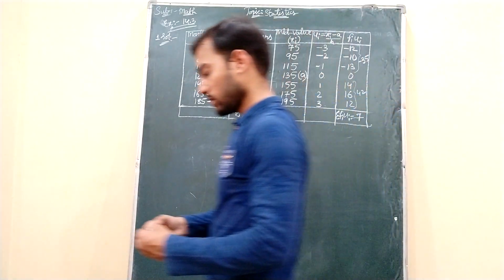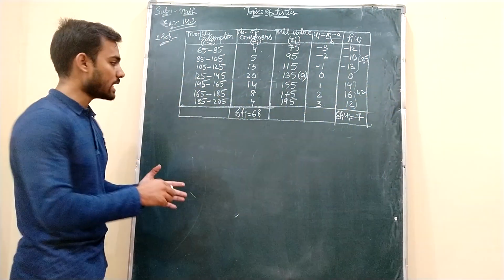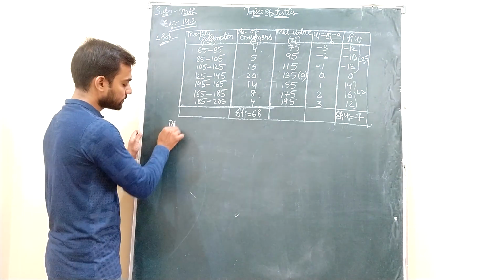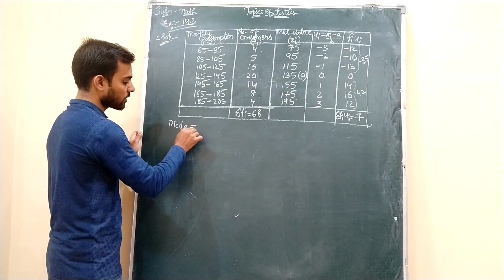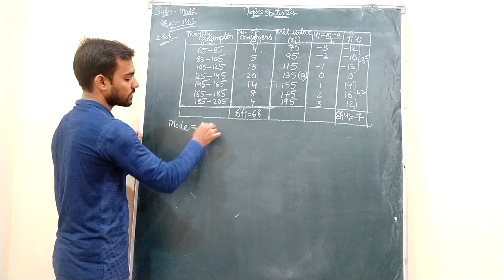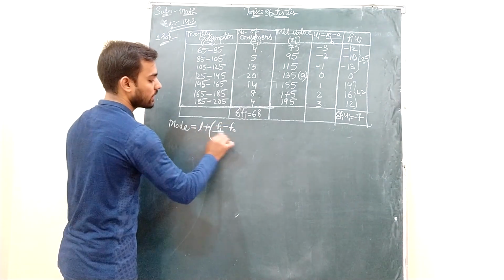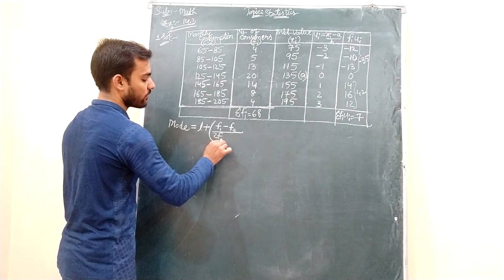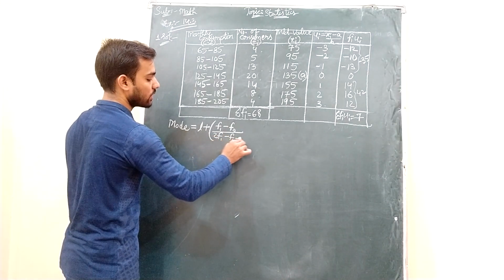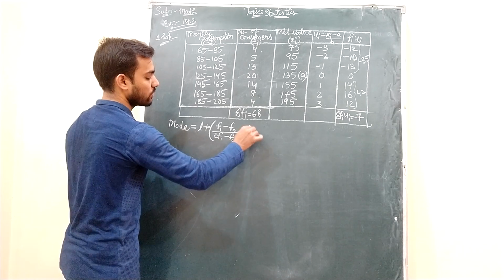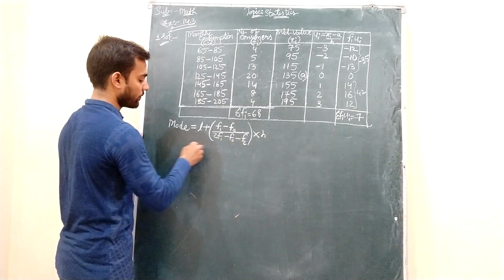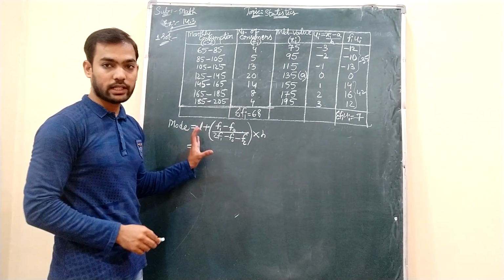Okay, now as we have to find out mode as well as mean, I will do mode first. Formula is L plus (F1 minus F0) divided by (2F1 minus F0 minus F2) into H. Here how we will decide under mode?